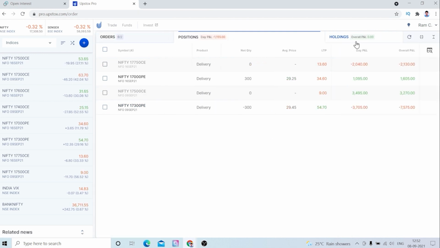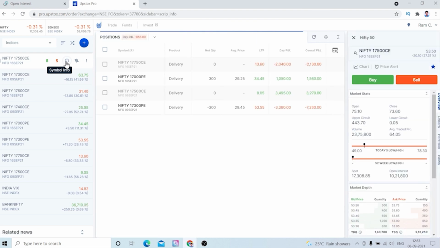When you observe the 9th September put position, it is trading around 54, but I'm not taking the exact price of the call positions, because if I take the same price, it will become a straddle now, because one more day is there for expiry.